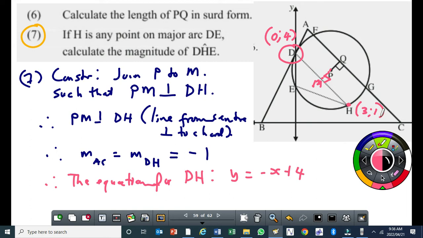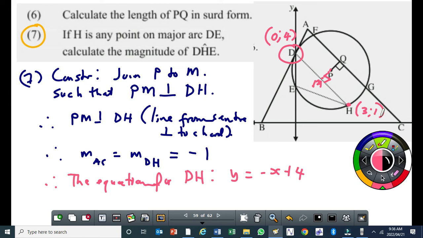So let's calculate the distance DH, EH, then determine DE, then use the cosine rule to calculate that angle. It's a high order question. We can also use the sine rule, but the sine rule is not going to be possible because I don't know the size of this angle. So the cosine rule is the best option.